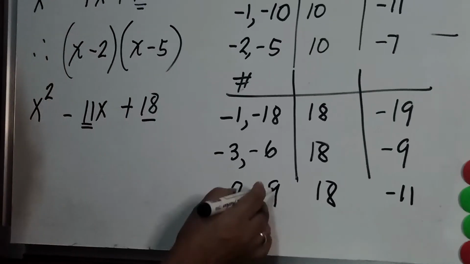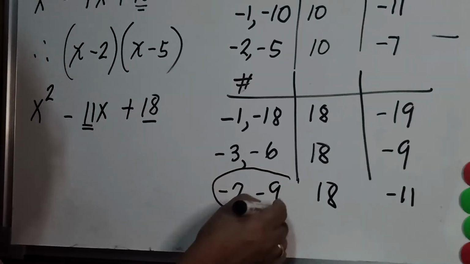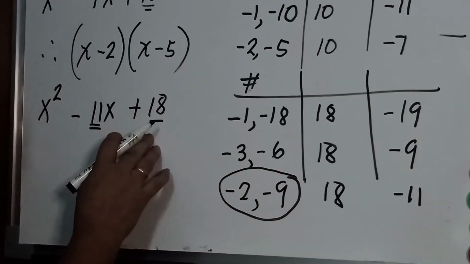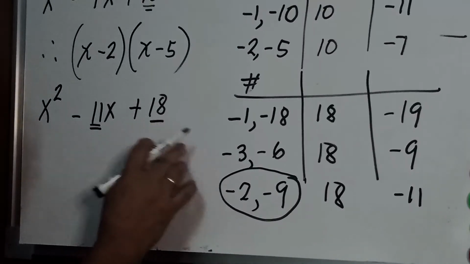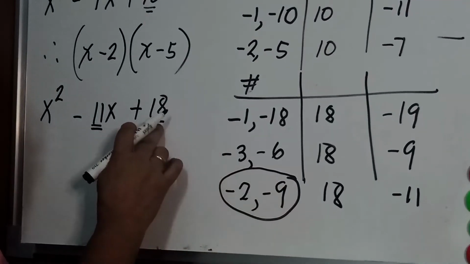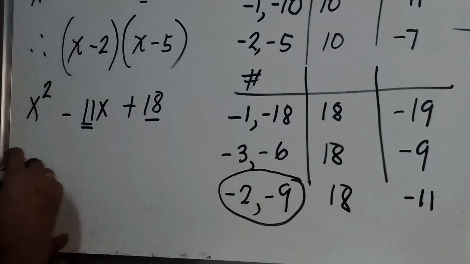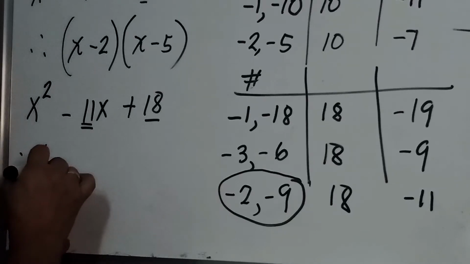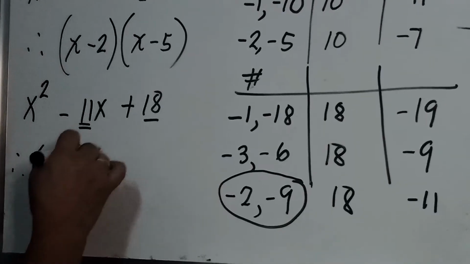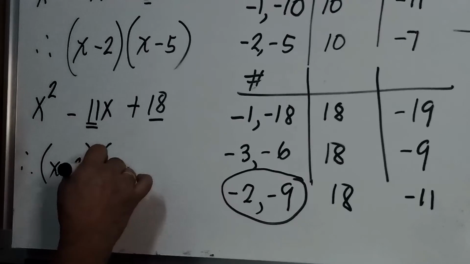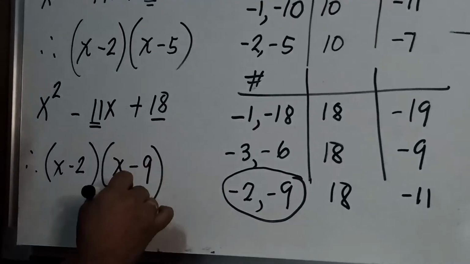Again, this pair of numbers satisfies the given condition where c is positive 18 and b is negative 11. So, the factors are x minus 2 and the quantity x minus 9.